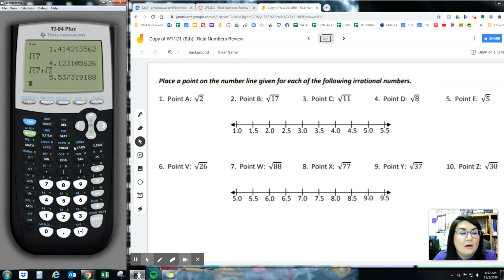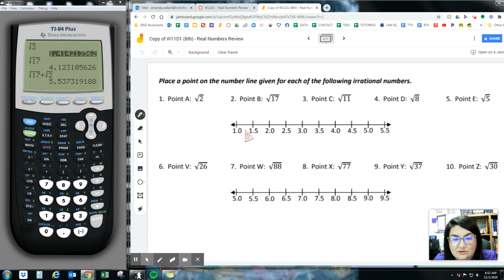Okay. All right. So going back to this one, square root of 2, if I'm going to estimate to 2 places, I get 1 and 41/100ths. On my Jamboard, what I'm going to do is go to 1, and it's about 1.4. Here's 1.0, 1.5.